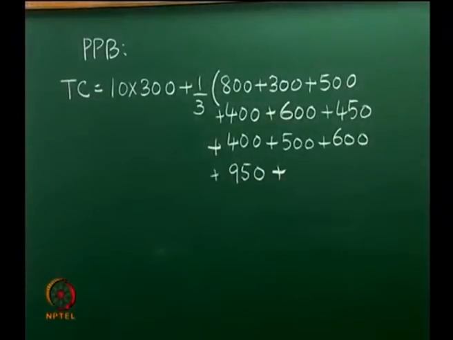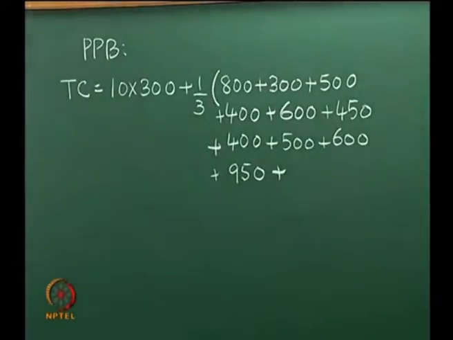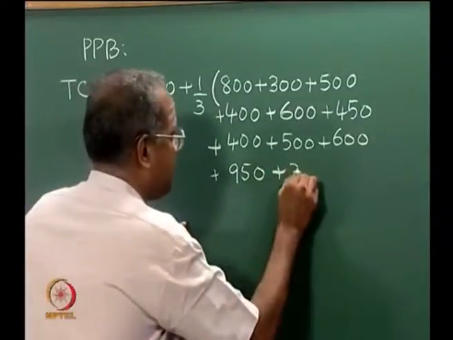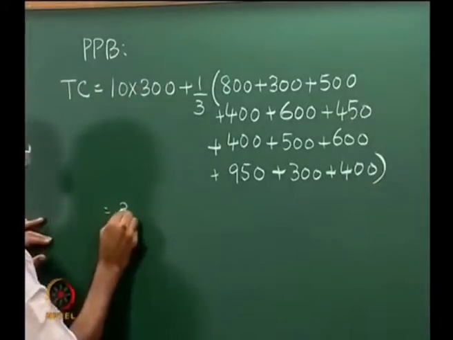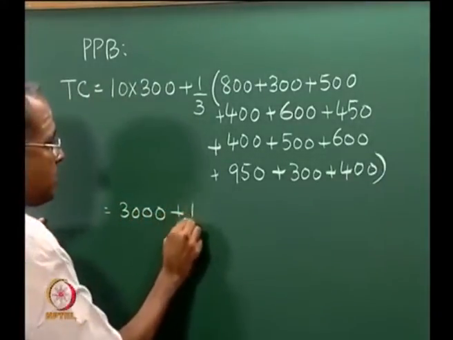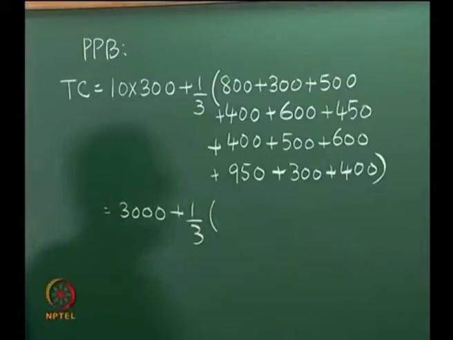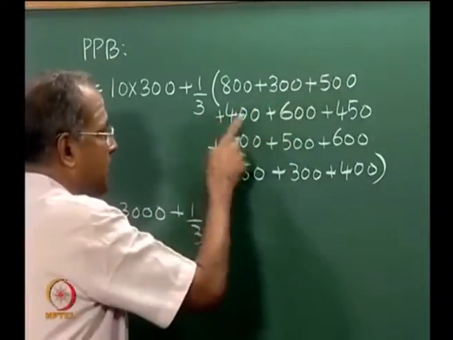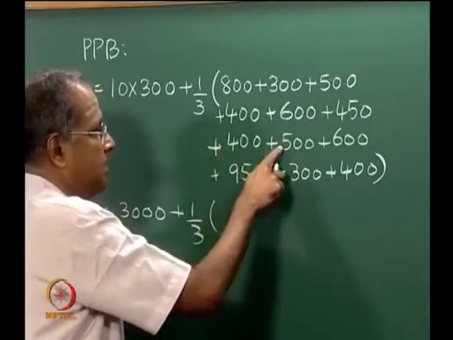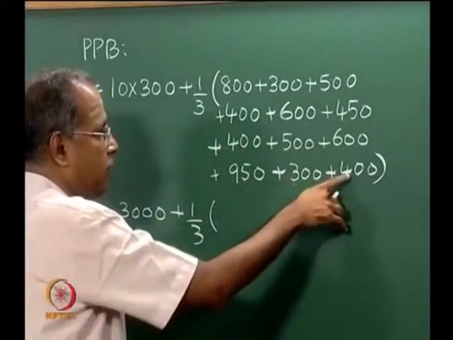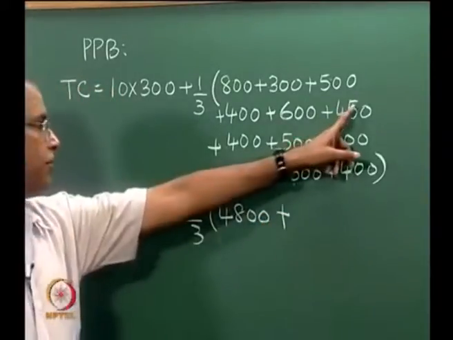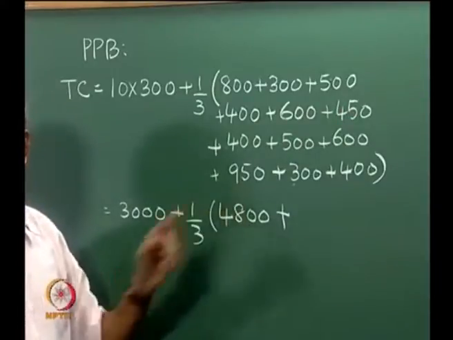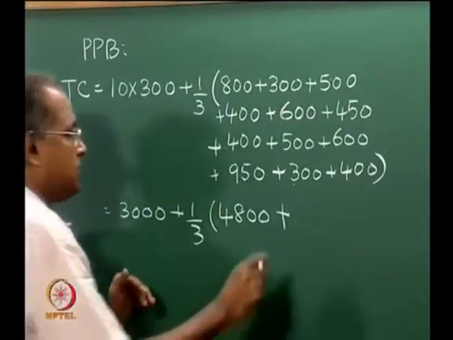This will be 300, we begin with 600, end with 0, so average is 300, and here the average is 400, so plus 300 plus 400, so this is 3000 plus 1 by 3 into 8, 11, 16, 20, 26, 30, 35, 41, 44, 48, 4800 plus 450 plus 950 is 1400.